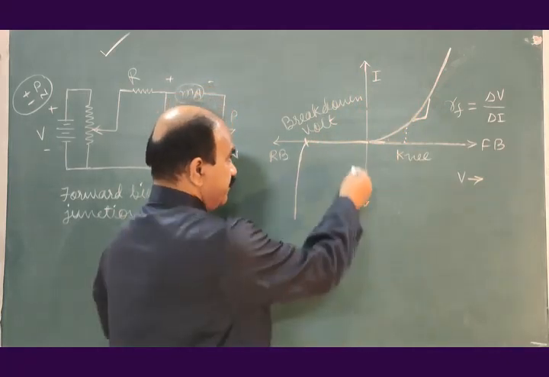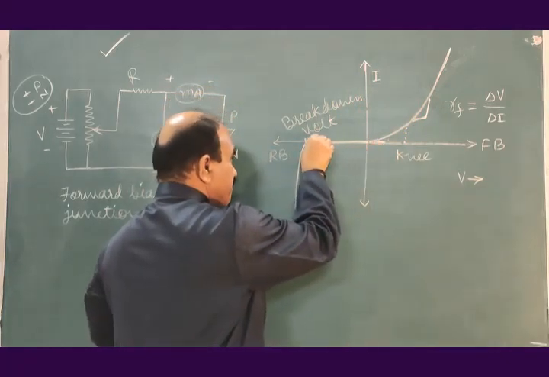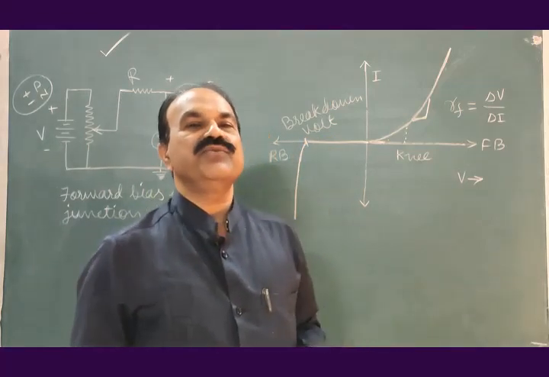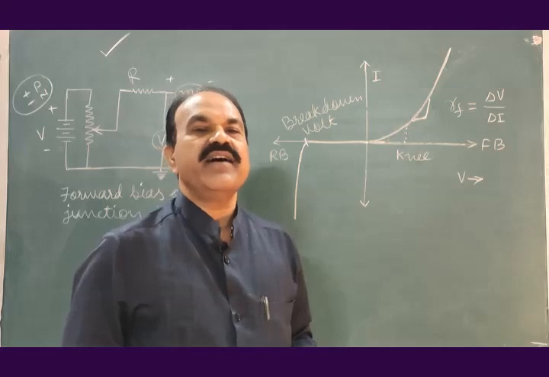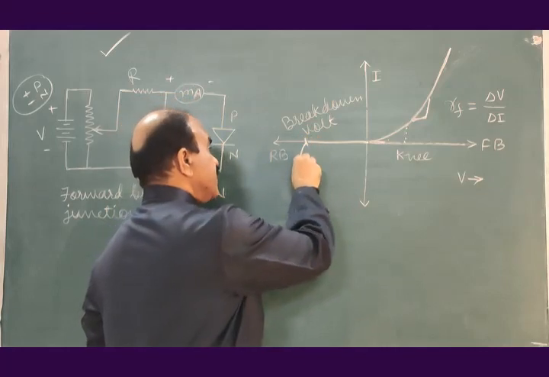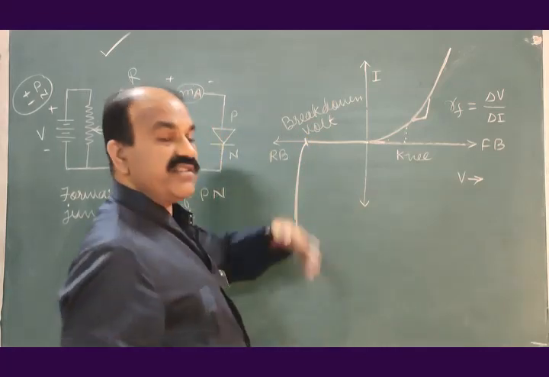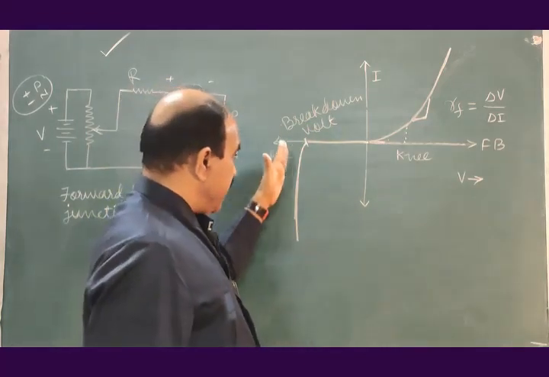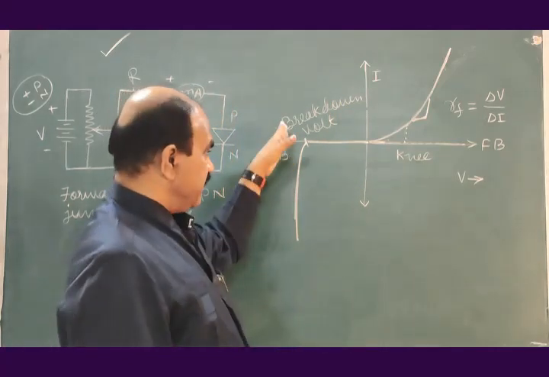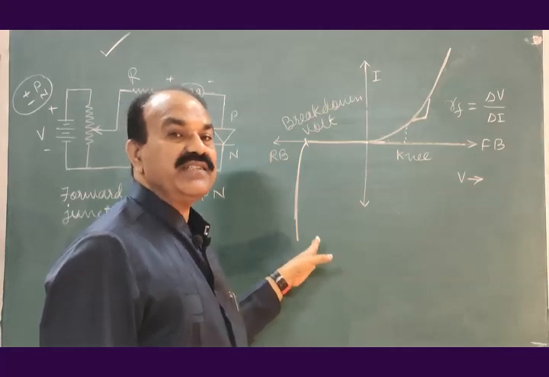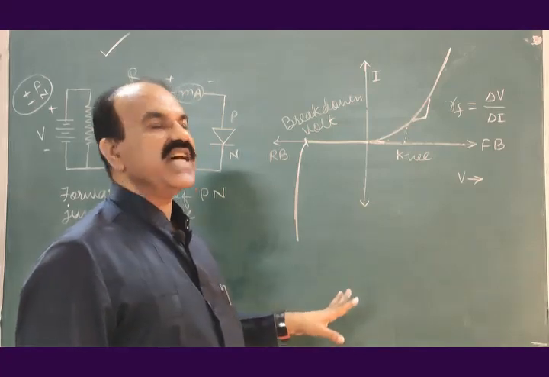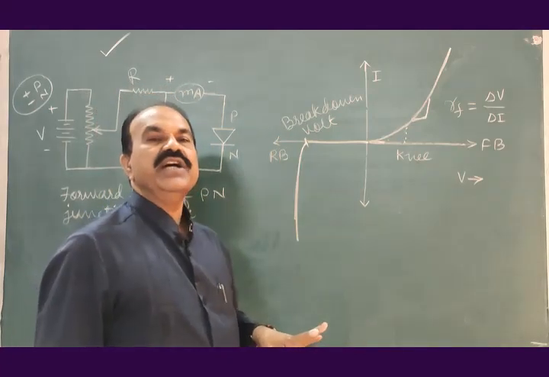If you go to this, the resistance up to here will be infinity because the current flowing through the reverse biased diode is 0 up to breakdown voltage. After breakdown voltage, the current is rising suddenly. This line will be approximately parallel to the y-axis and the resistance will become 0 here. But the diode is damaged permanently, and therefore a PN junction diode is never used in reverse bias.